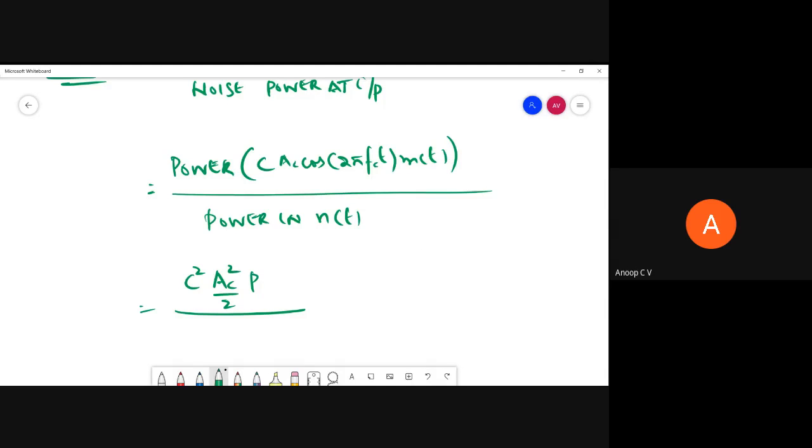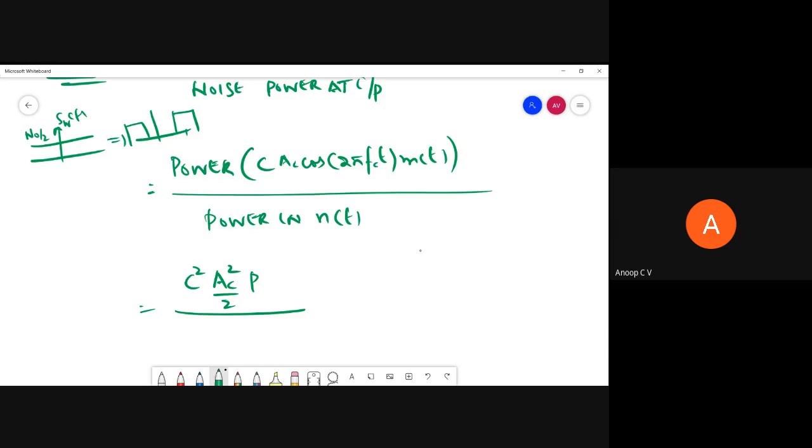So N of t is nothing but, I'll just draw it here, noise having PSD equal to N naught by 2 passed through an ideal band pass filter having bandwidth equal to, say, 2W.